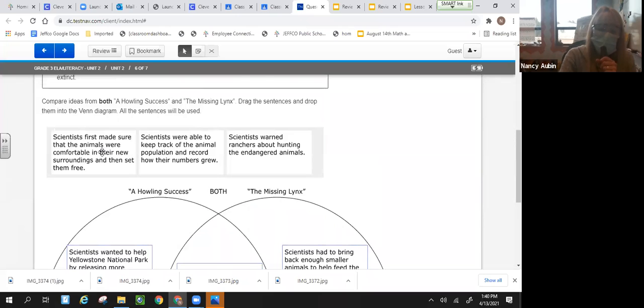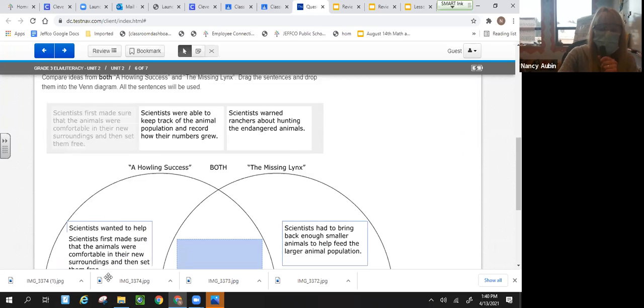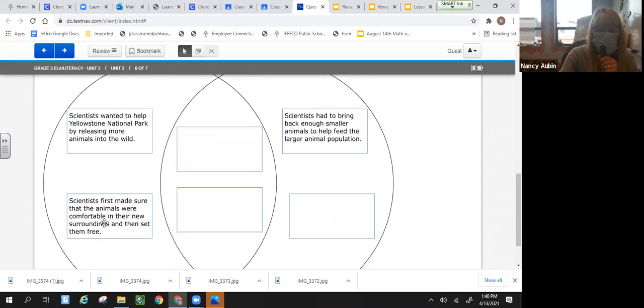All right, scientists first made sure that the animals were comfortable in their new surroundings and then set them free. Ellie, what do you think? And how do you know that's true? Because it talks about setting them free and moving to Yellowstone.